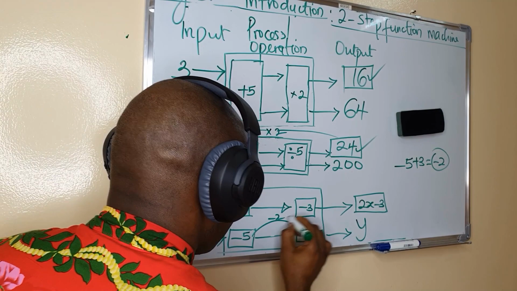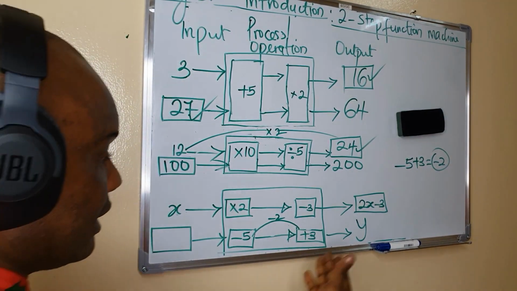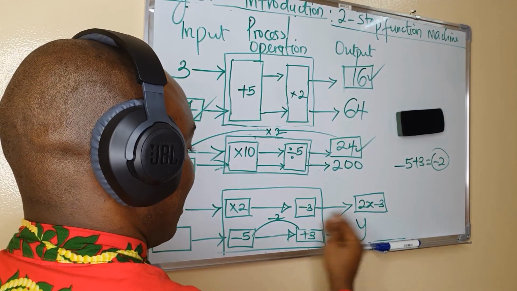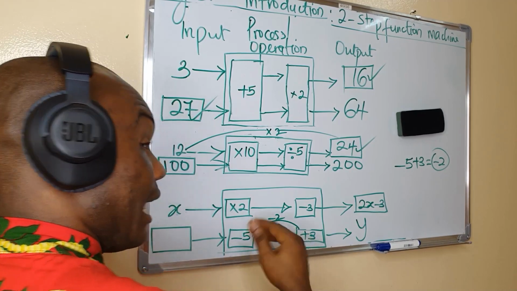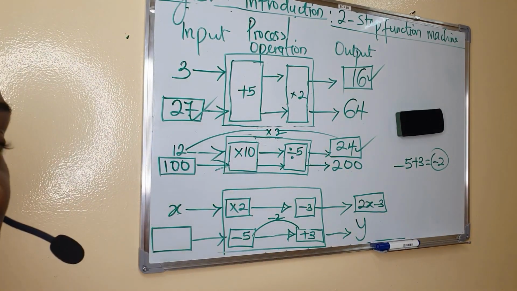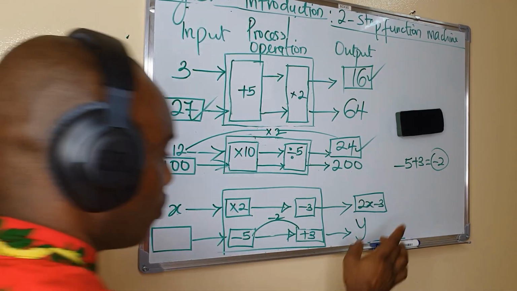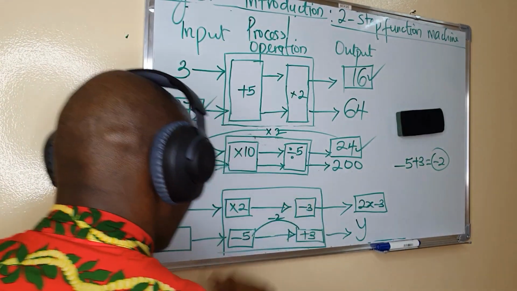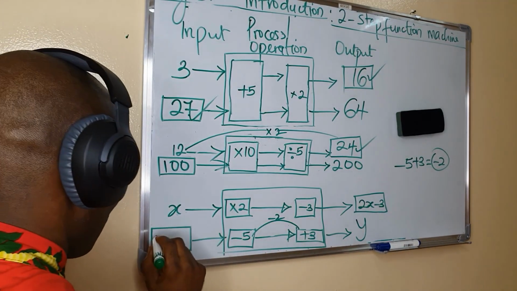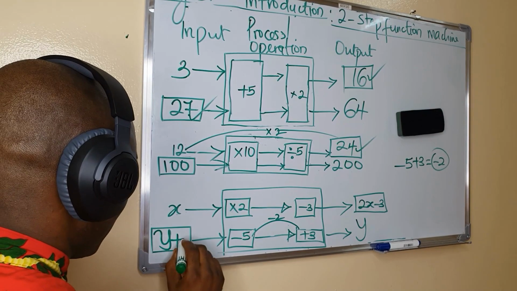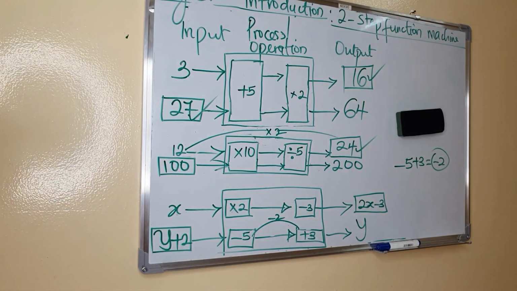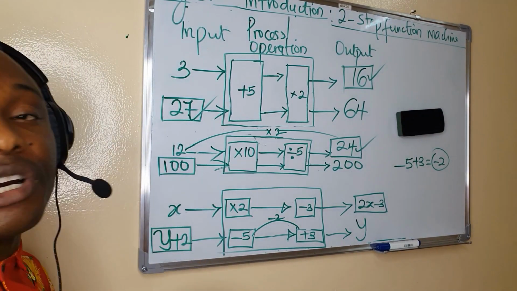That is minus 2. So since I'm coming back from y and I have negative 2 here, I have to change it to positive, the reverse operation. Remember that. So y add 2. Since I don't know the value of y, y add 2 remains y add 2. That is my input. This is how it works.